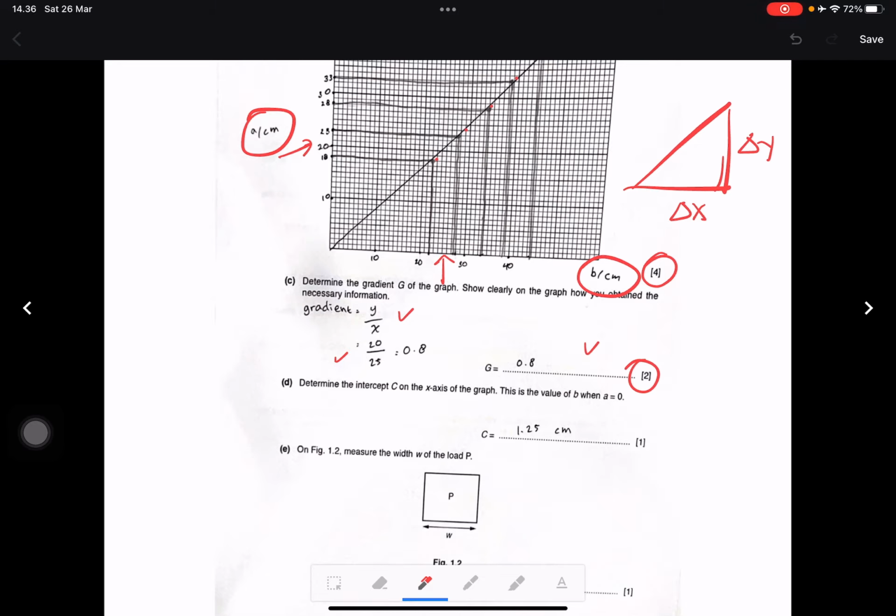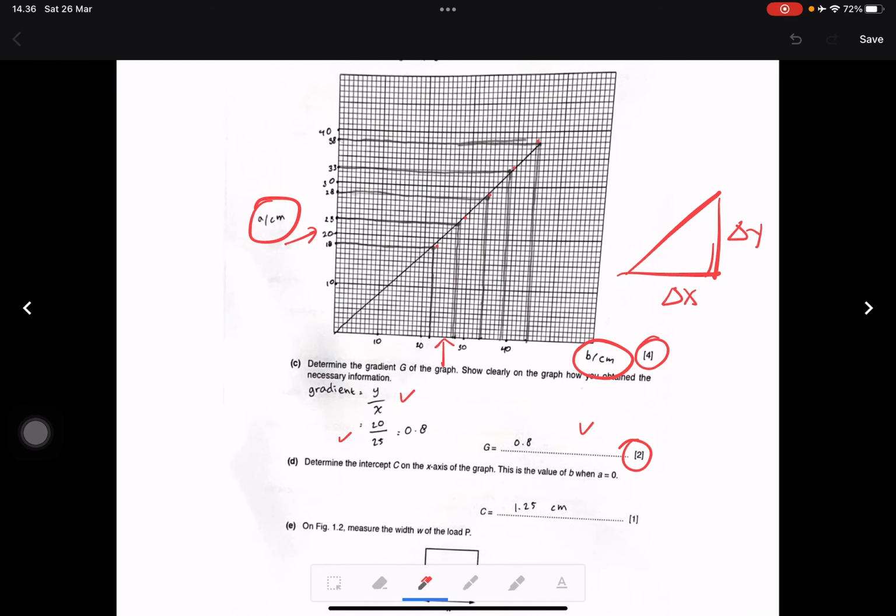Determine the intercept C on the first curve. This value is 1.2 centimeter. What is the gradient?